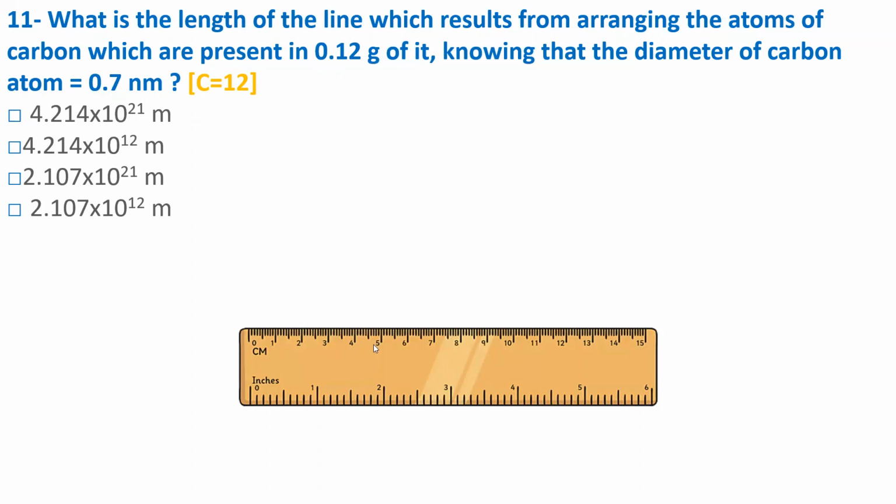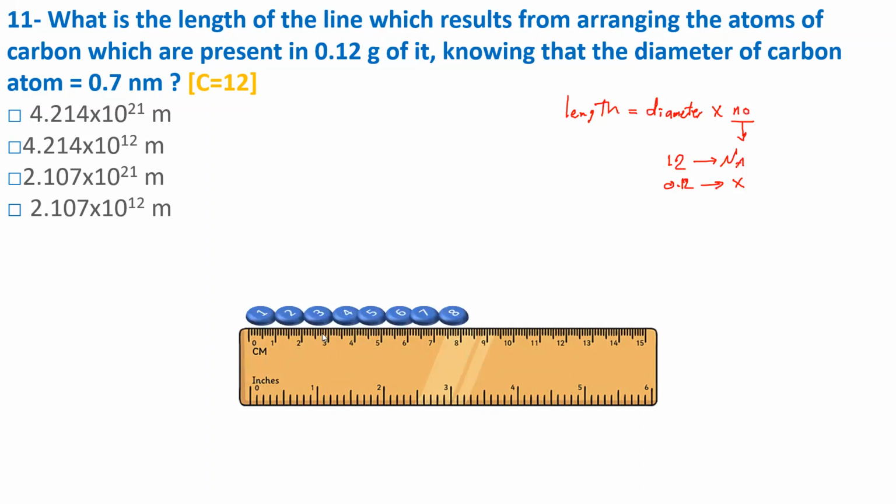To understand that, suppose that we have a ruler and marbles. Each marble's diameter is 1 centimeter. So here the length equals 8, as each one equals 1. So we can put length equals diameter times the number of the marbles. So here, number of atoms. 12 gram means 1 mole contains Avogadro's number, but here he gave us 0.12, so 0.12 gives X number of atoms.